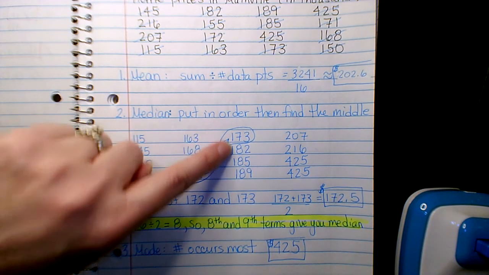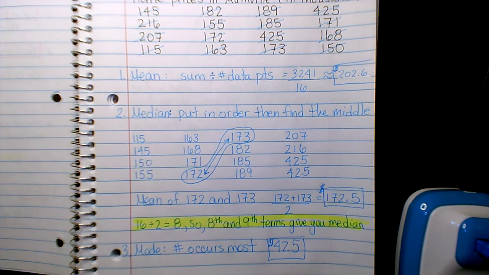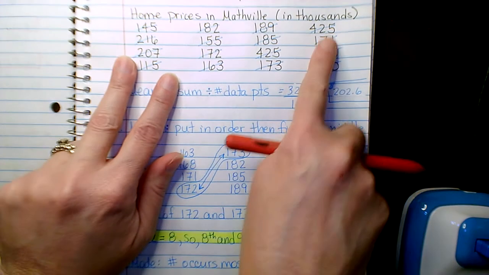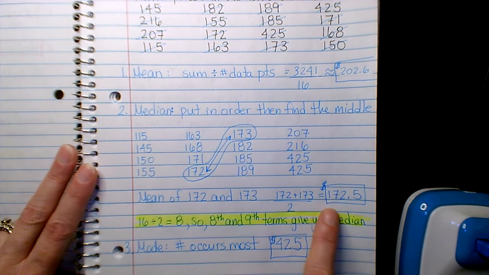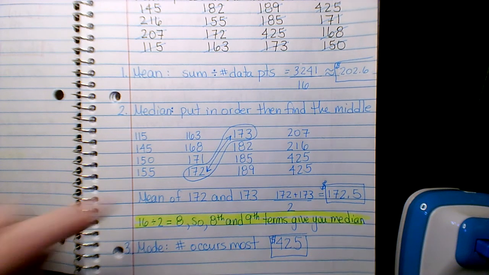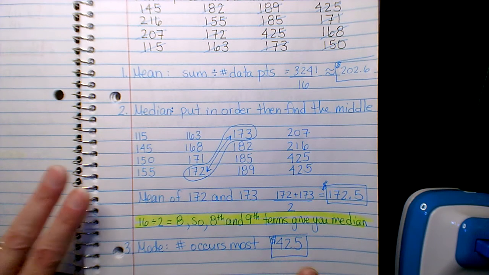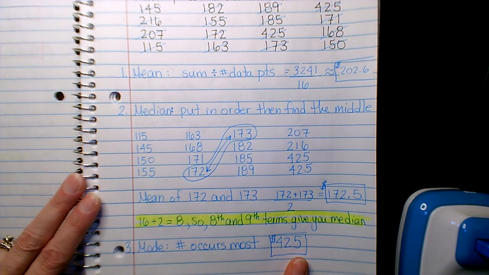I mean, look at these in order. Most of the home prices are under 200,000, because these are the home prices in thousands. So this median seems to actually be the most accurate one. There's only a couple of them that are over 200,000. The mode is definitely not it.